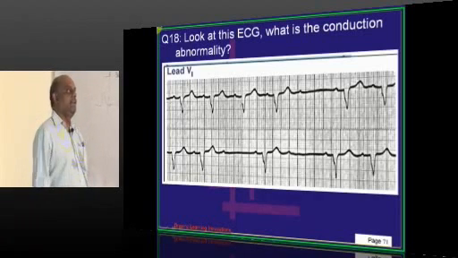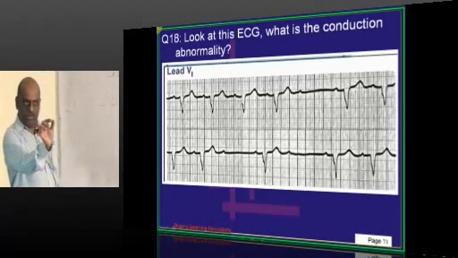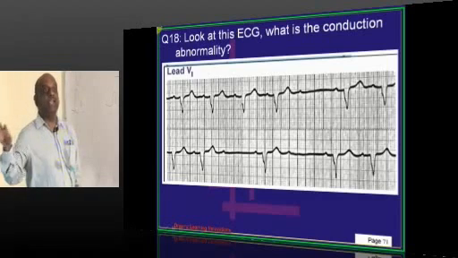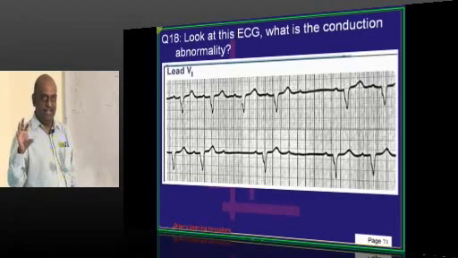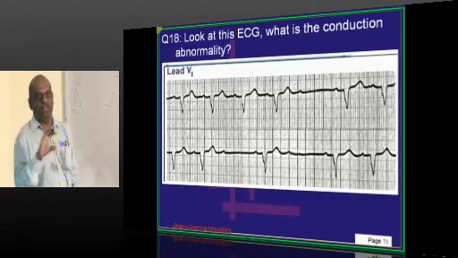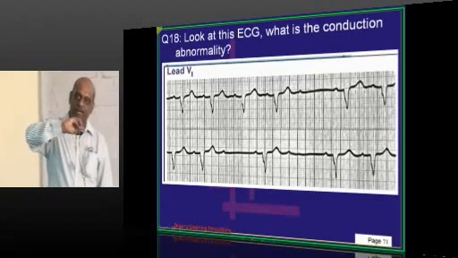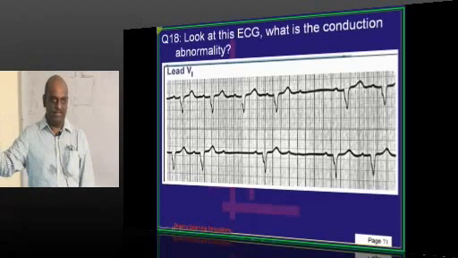One simple thing: SVT is a narrow QRS complex, VT is broad. Number 2, AV dissociation, whether it is there or not. What is the meaning of AV dissociation? Normally after a P wave you should get a QRS.